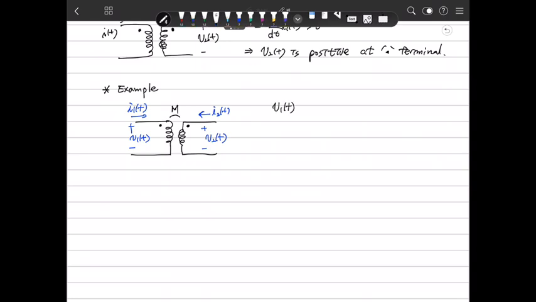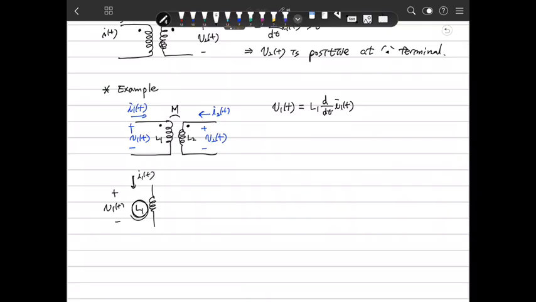Then the relationship between the voltage and current looks like this. V1(t): we define the self-inductances as L1 and L2. Because the current goes through the inductance L1, we have L1 d/dt I1(t). This is simple. Why? We define L1 inductance here, the voltage in this way, V1(t), and the current in this way, I1(t).